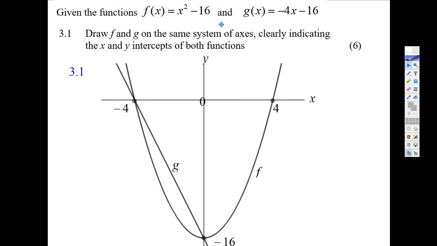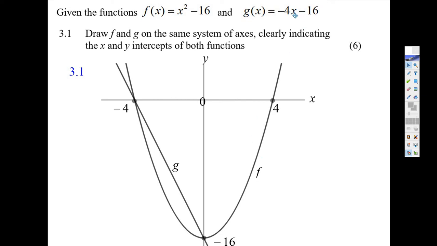What two answers for x will make this 0? X is 4 and x is minus 4. And then you just put a sketch like that, a nice kind of curvy parabolic shape. Put a 4 and a minus 4, put an F on there, and you've got yourself 3 marks.